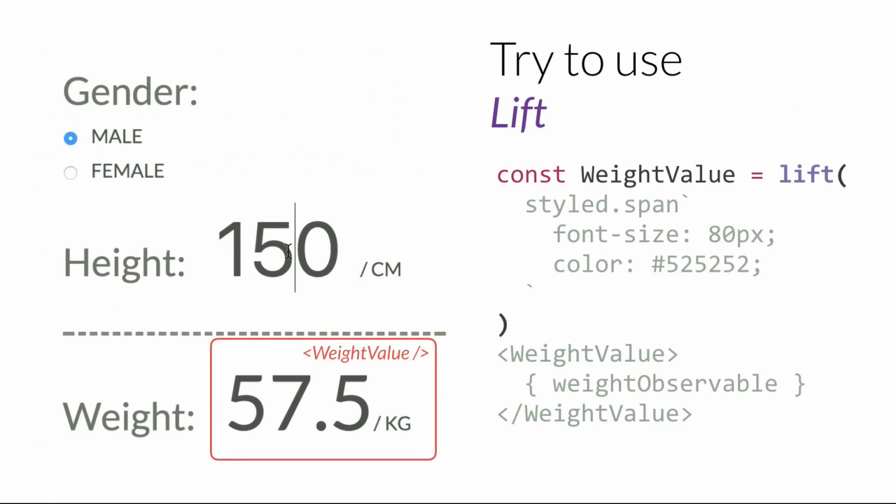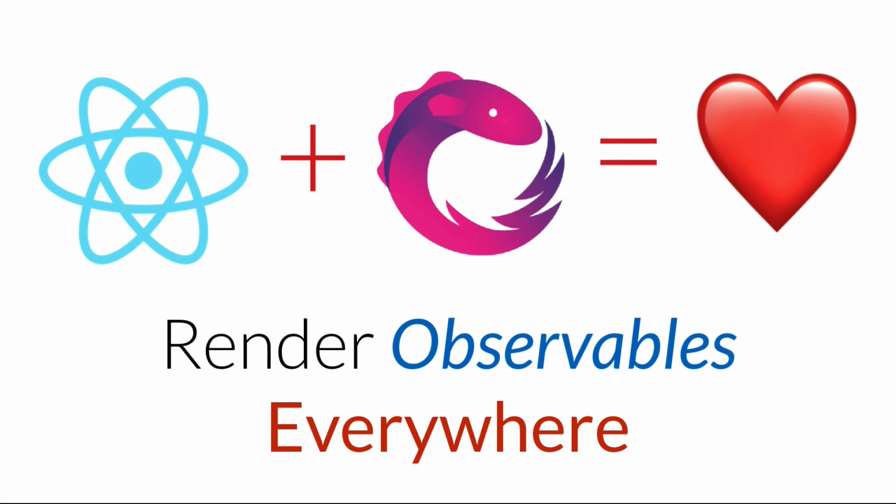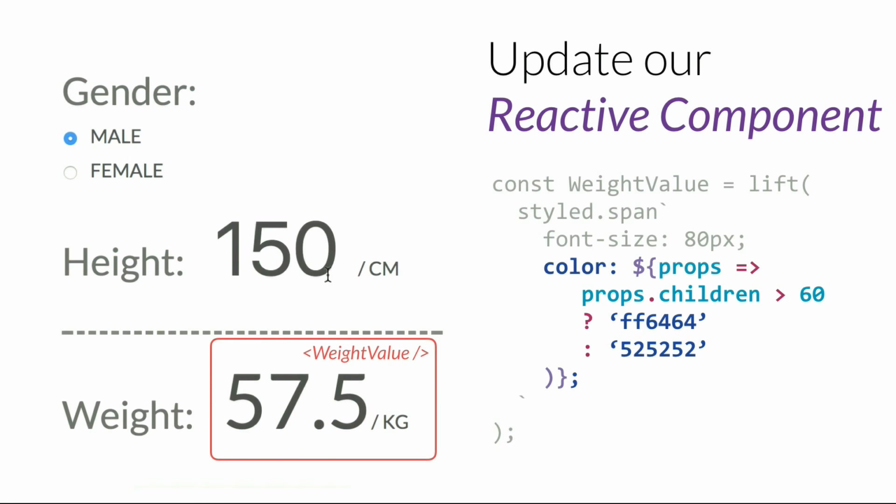But Focal provides us a lift function which can make every component reactive. So now our styled components became reactive and can render observables. So Focal allows us to use observables everywhere. And for example, we can update our styled components, like in this example.